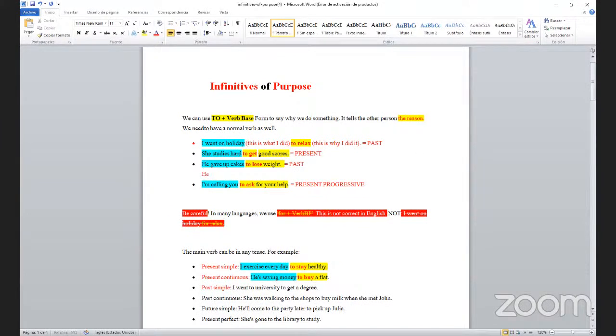For example, this is in the past, so he didn't give up cakes.